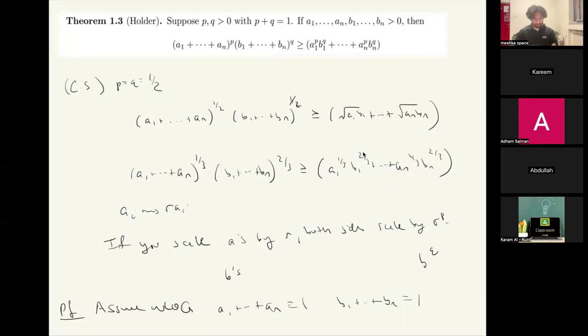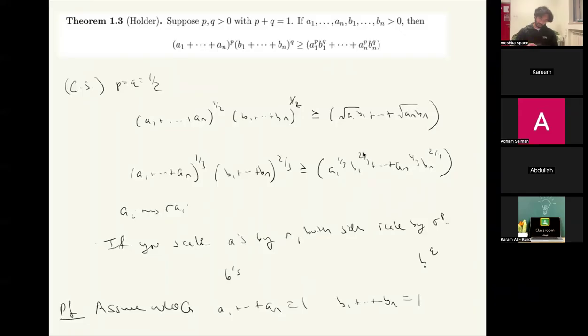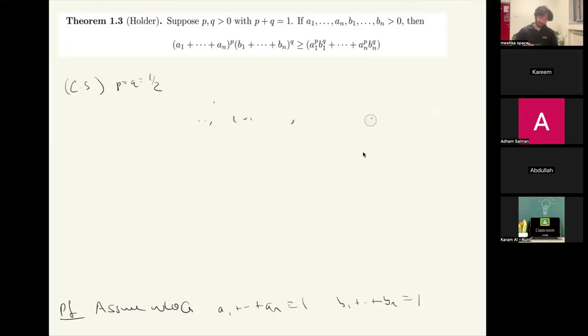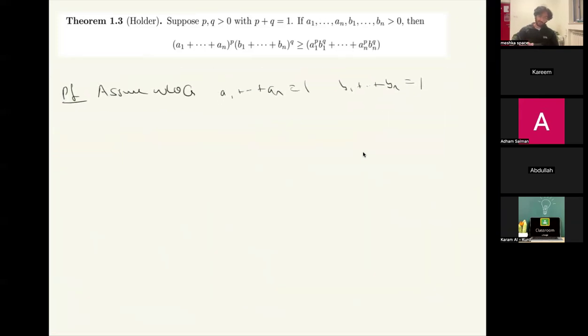Now the point is it just follows from AMGM actually. What's the situation? We have two sets of variables, both of these sum to 1.